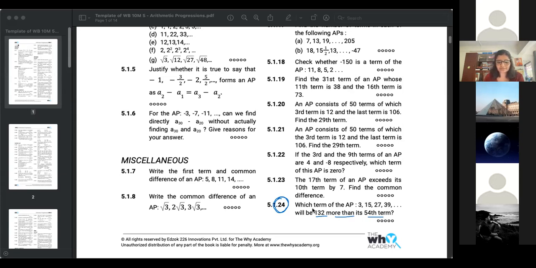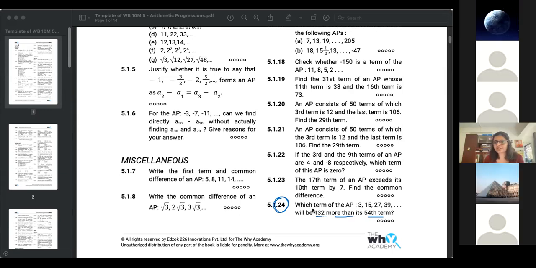Who has got how to solve this problem? Good. Puneet, Neki have got it.